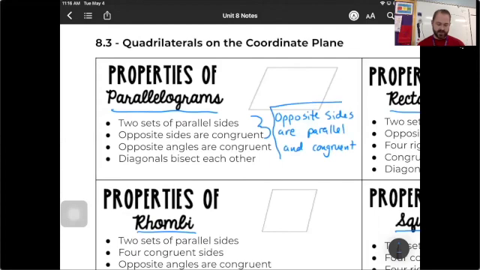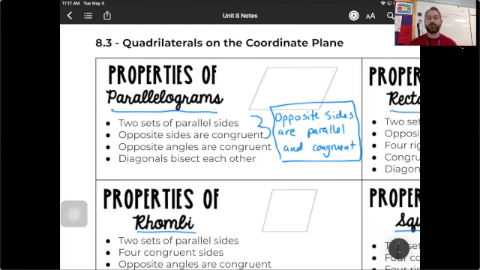Okay, and that's our main big idea about parallelograms. Opposite sides are both parallel and congruent. Now, opposite angles are also congruent and diagonals bisect each other, but opposite sides being parallel and congruent is the main criteria we're looking at for parallelograms today.